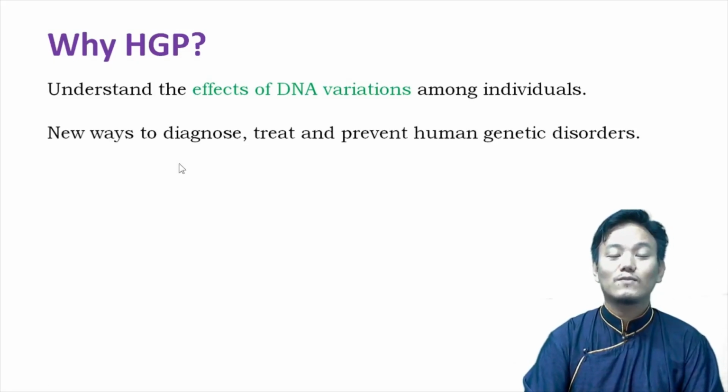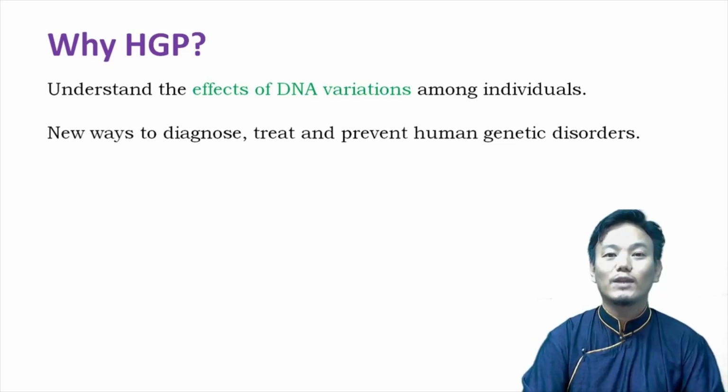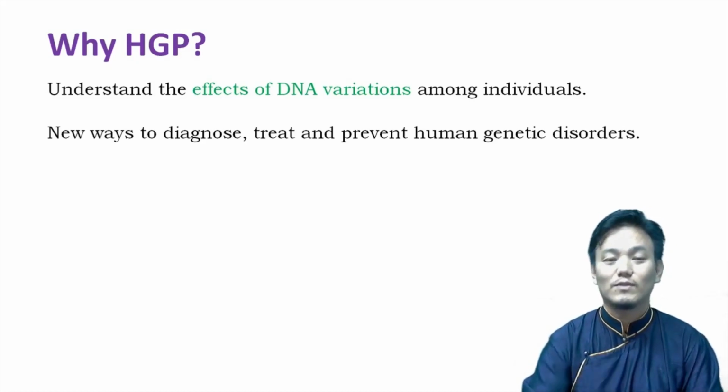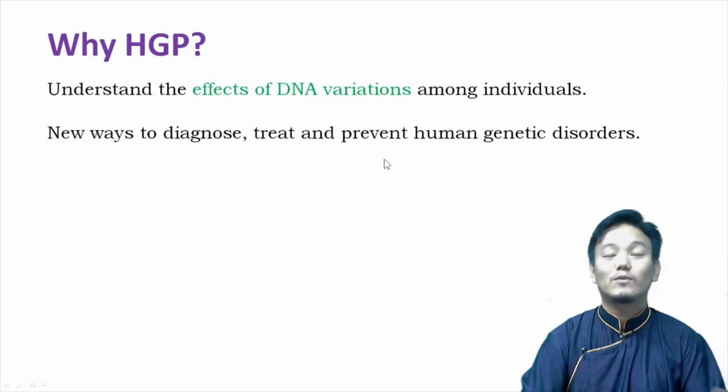And the other reason is, if we know the genome of individuals, we can find new ways to diagnose, treat, and prevent human genetic disorders. We have studied genetic disorders in our previous videos. So if you want to diagnose or treat or prevent genetic disorders, you need to know the genome of the individuals.